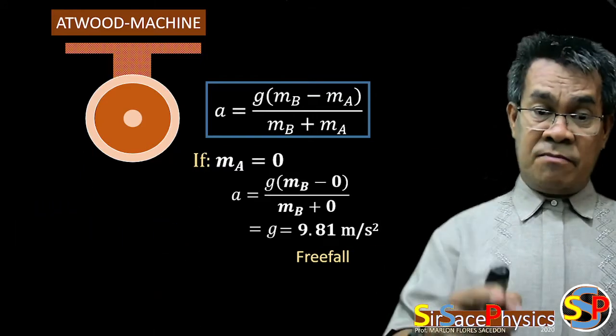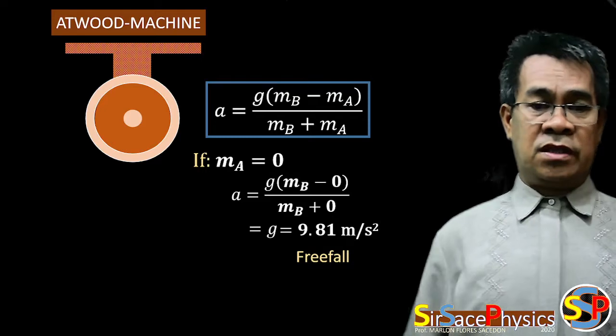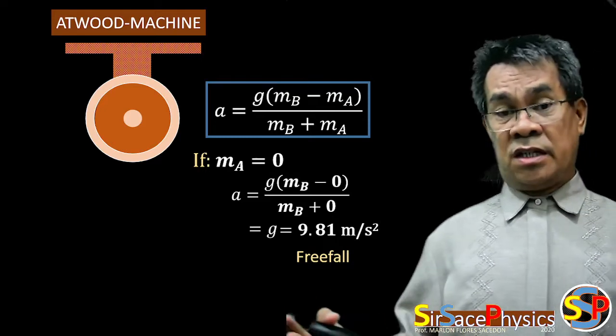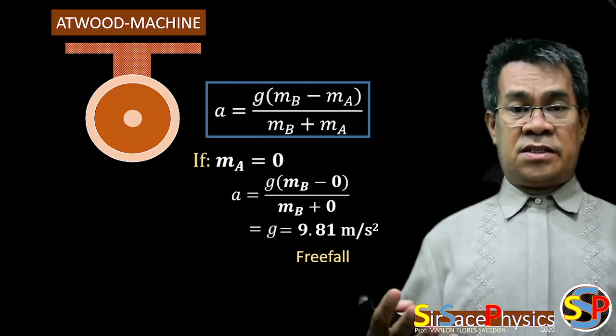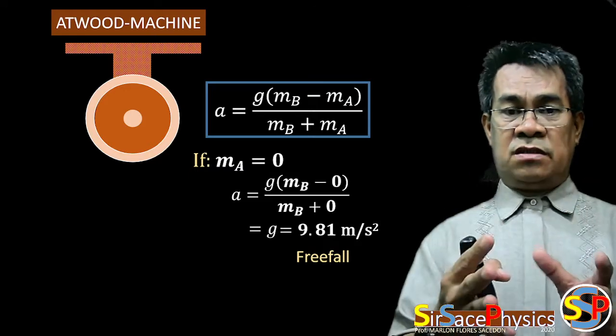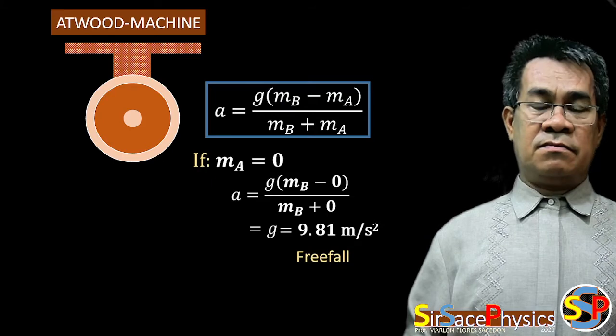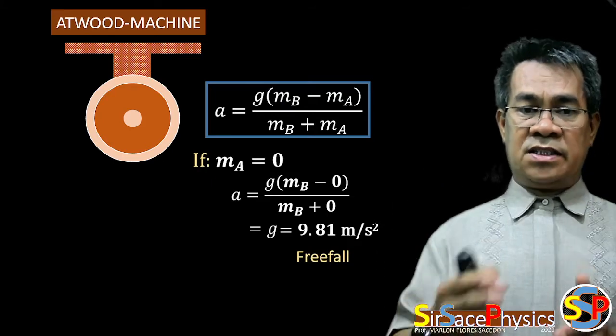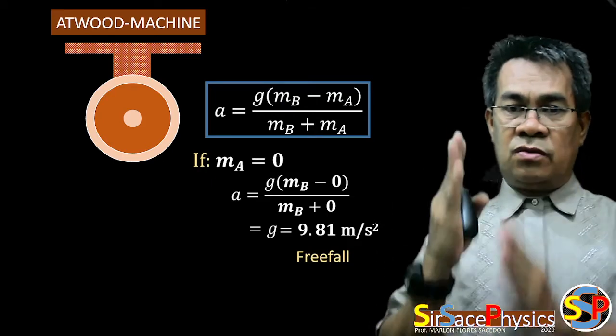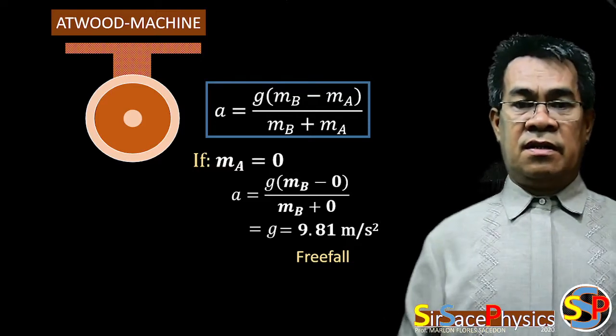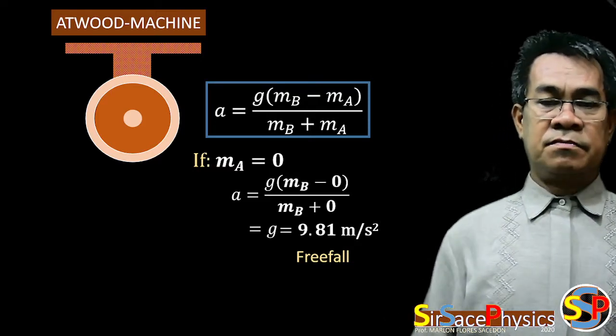And that's when the acceleration is 9.81. So this result shows us that the Atwood machine is consistent with the theory of free fall. But again, it cannot provide this amount if there are two objects in the configuration.